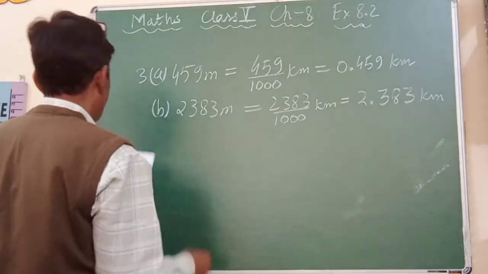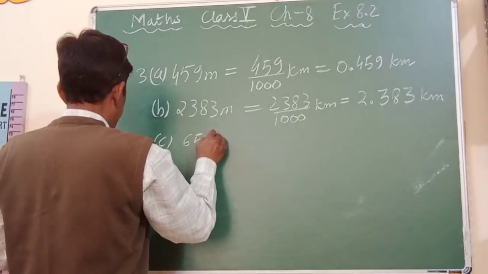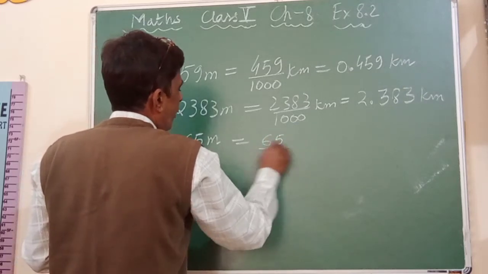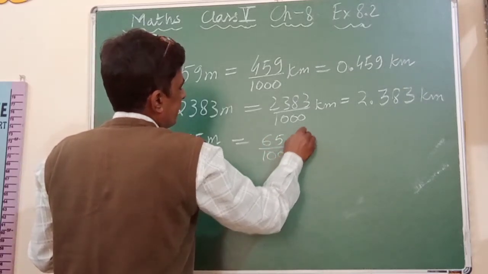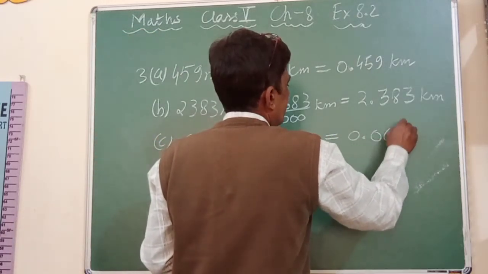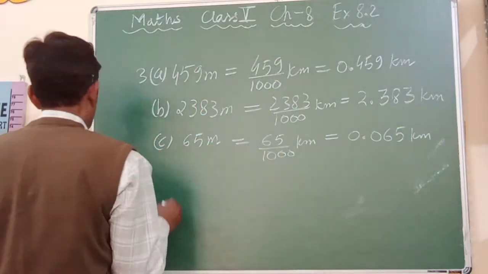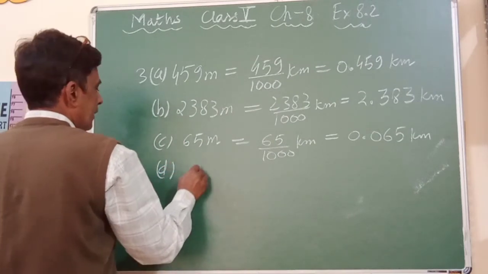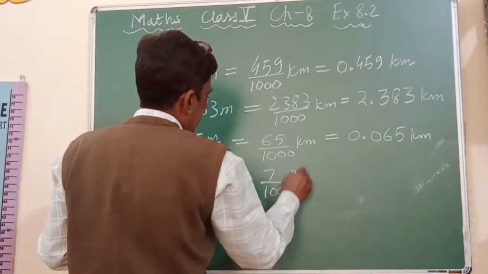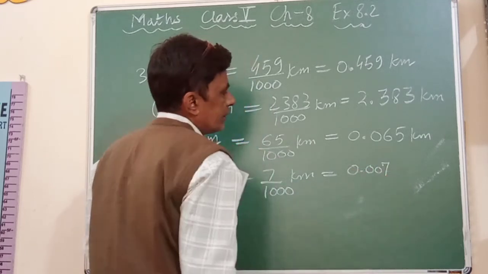The second last question is C part, 65 meter is equal to 65 upon 1000 kilometer is equal to 0.065 kilometer. And the last part is 7 meter is equal to 7 upon 1000 kilometer is equal to 0.007 kilometer.